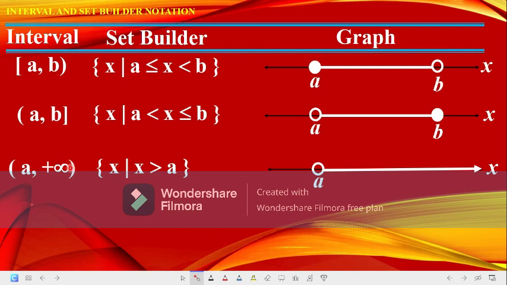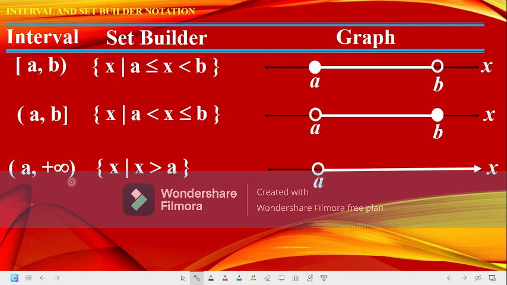Then we have to use the parentheses. By the way, we don't need to use the square bracket if we have to write infinity. If we use the symbol infinity, we are going to use the parentheses.